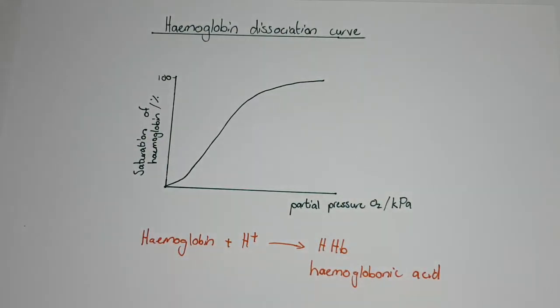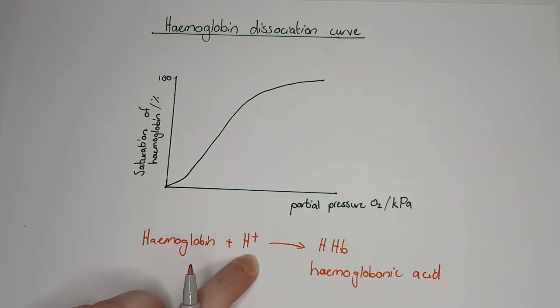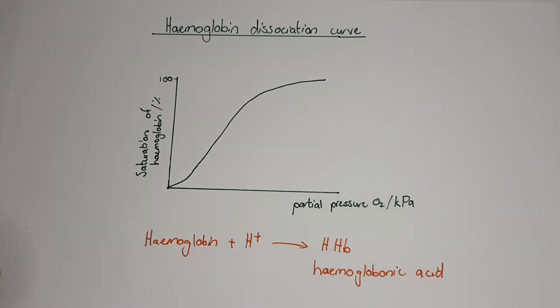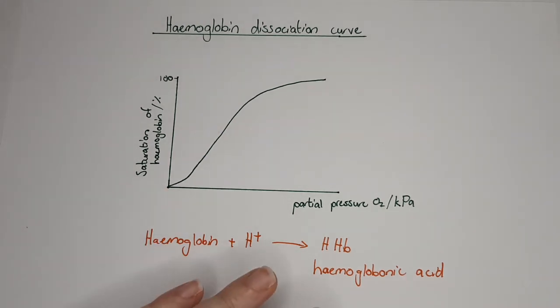So now hemoglobinic acid then doesn't affect the pH because now we mopped up all those hydrogen ions. But in order to do that, the hemoglobin gets rid of the oxygen and only picks up these hydrogen ions.